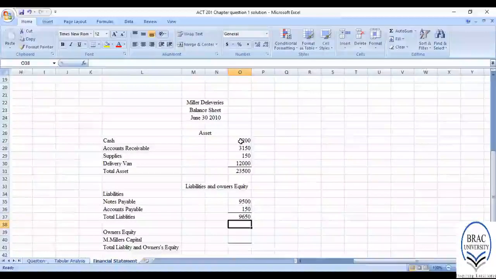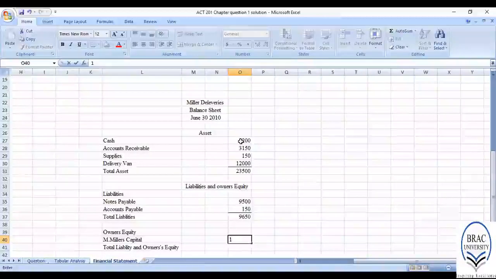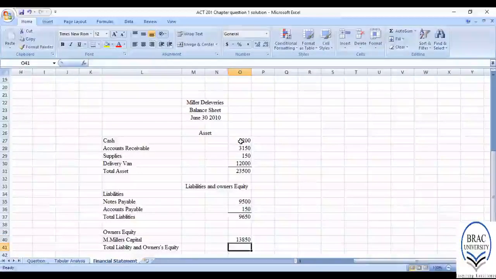Now let's go to the owner's equity section. As we know from our owner's equity statement, M. Miller Capital at the end of June is $13,850. When we add total liabilities and owner's equity, the amount is $23,500.